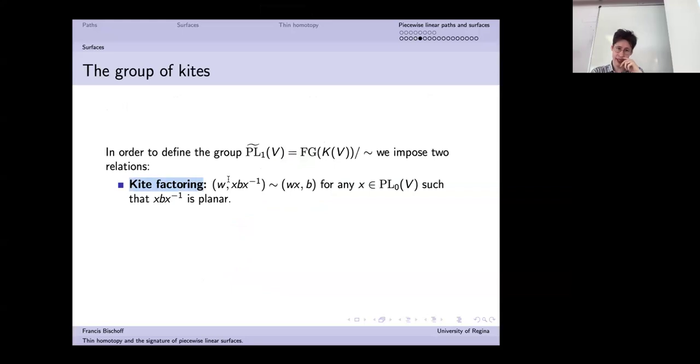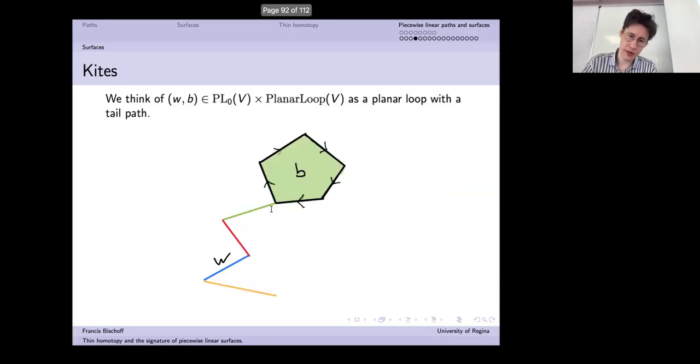So here's the idea. In this picture, I've taken a geometric kite and broken it into two parts, B and W. B is required to lie within a plane, but W is not. W can move anywhere. But what if, for example, just this green component of W lay inside the same plane as B?